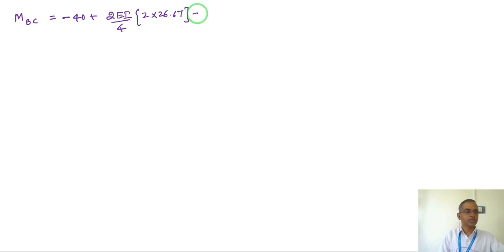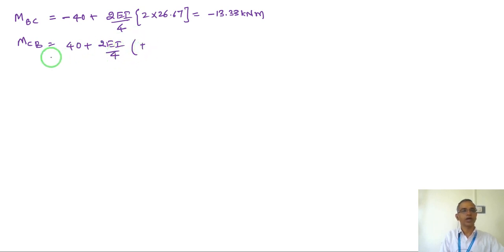That's all. So this comes out to be minus 13.33 kilonewton meter. MCB, which is MFCB, which is 40, plus 2EI by 4 into 2 theta C, 0, plus theta B, which is 26.67. The EI will be there and gets cancelled out.